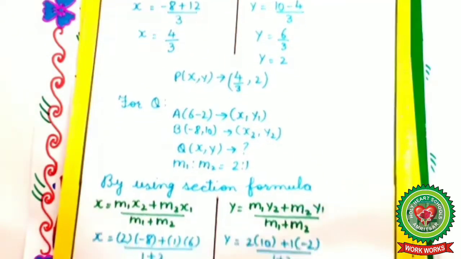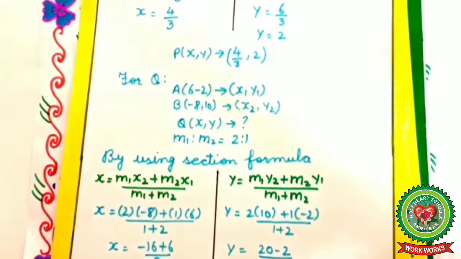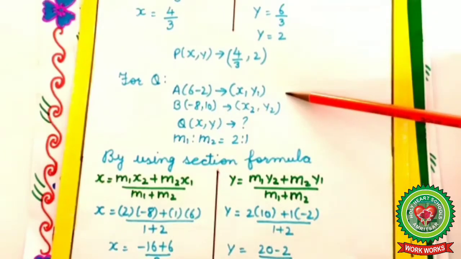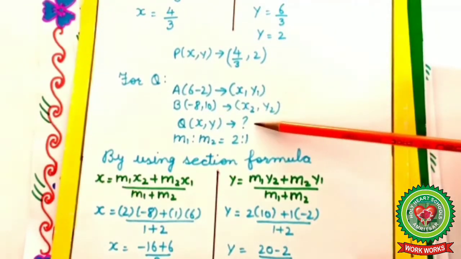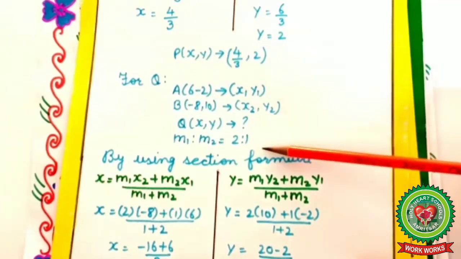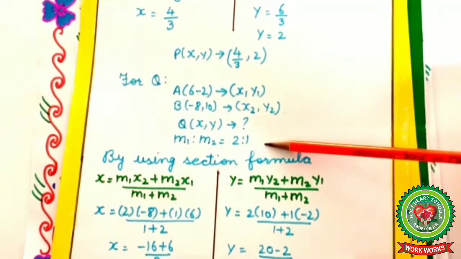Now for Q, again the coordinates of A are denoted by x1, y1 and the coordinates of B by x2, y2. We have to find the coordinates of Q. For this, the ratio is 2:1.